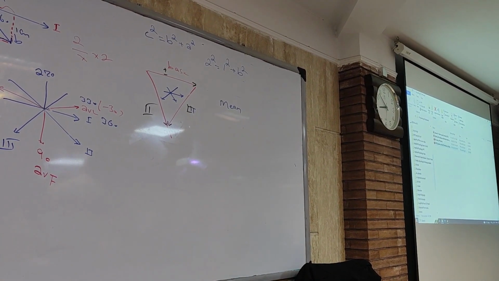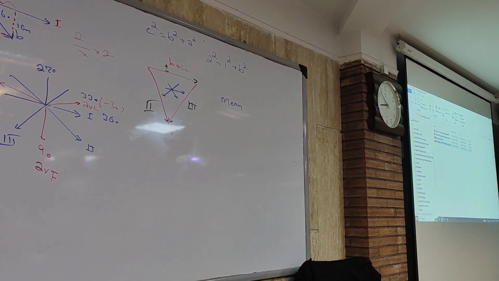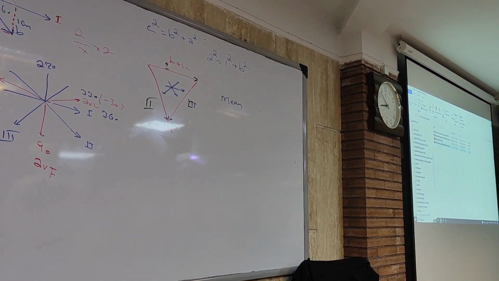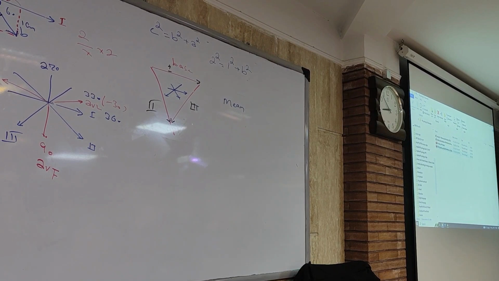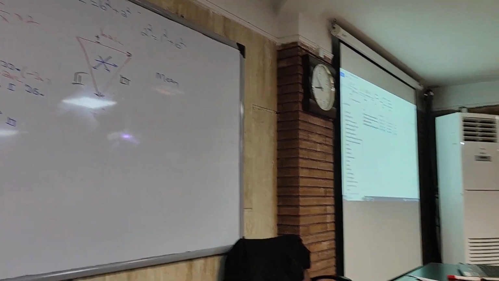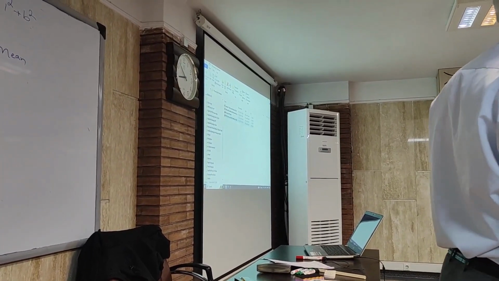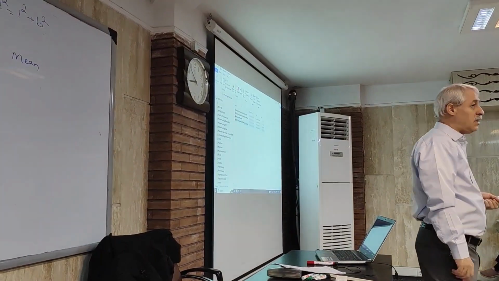The ar at the end of bordar makes it a noun. Like raftar, like gereftar. Gereftar is an adjective, but raftar is a gerund. Bordar, it makes it a noun. See? In Arabic, find what you call it. A vector.